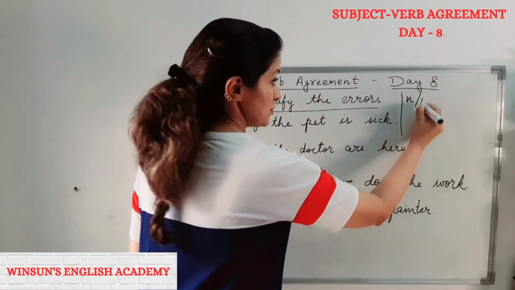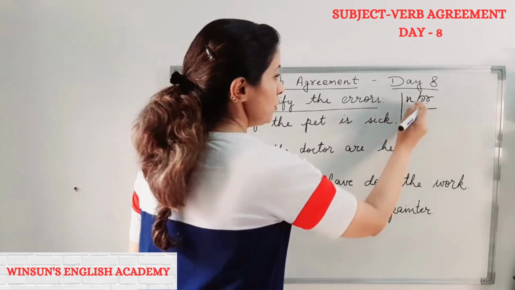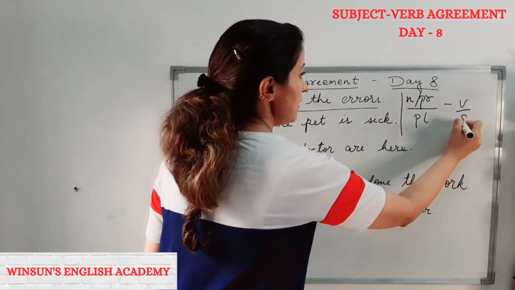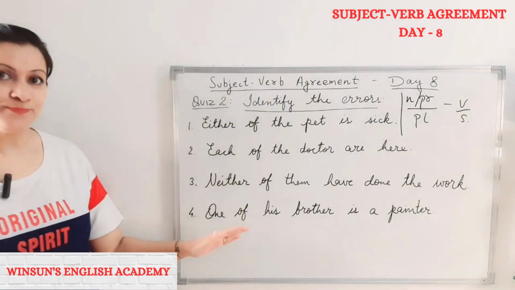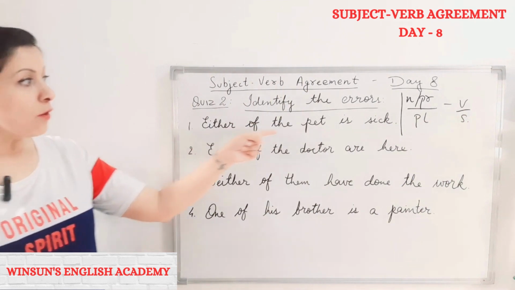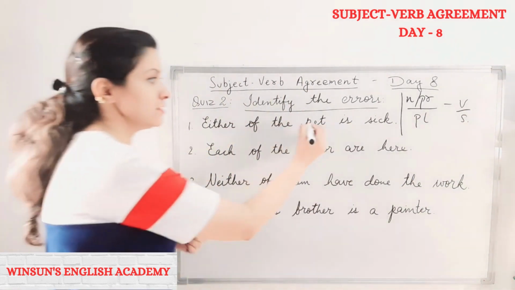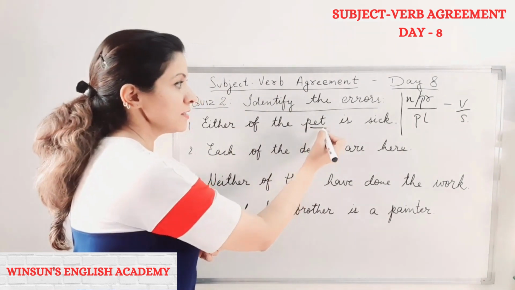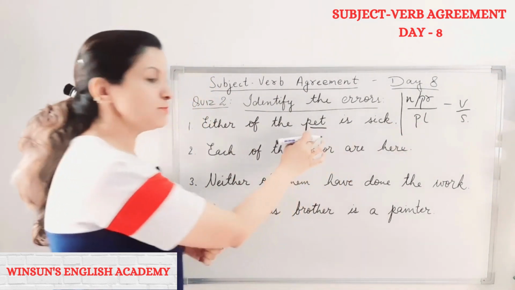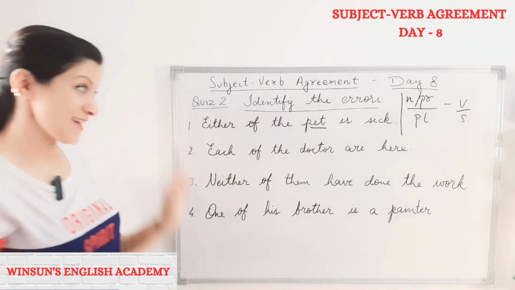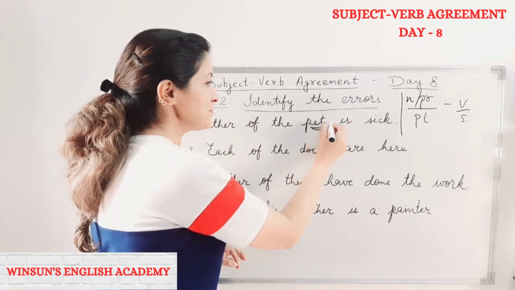The noun, which is countable, or pronoun must be plural, and the verb must be singular. That's the rule. Okay, so either of the pet is sick. Where's the noun? Here. Pet. The noun must be plural. Is it plural? So what should it be? Pets, correct. So it must be pets.